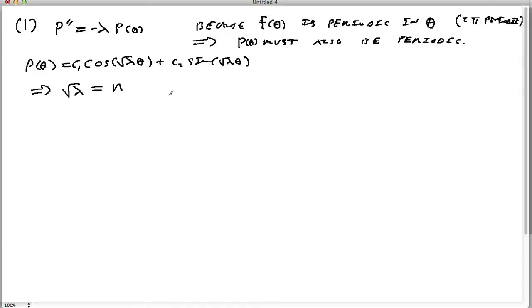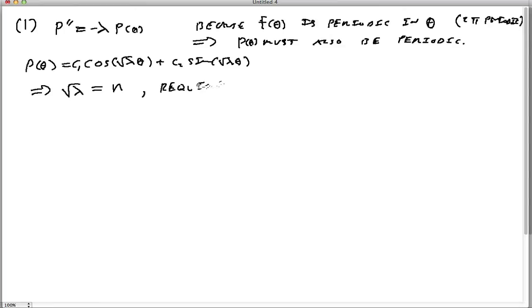That is, we require that square root of lambda times 2 pi has to equal, sorry, I'm misspeaking here.